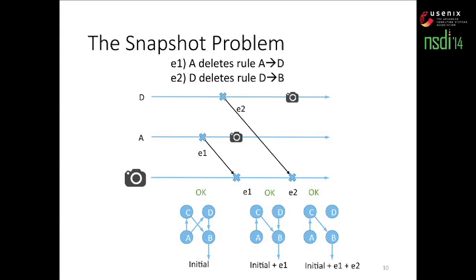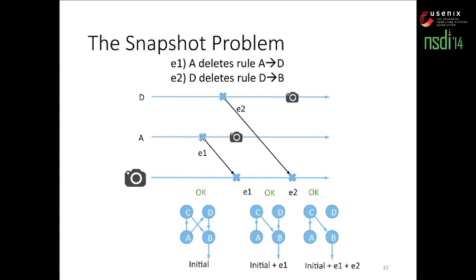Now our static checker, which is represented as this camera, wants to capture the state of the forwarding plane. It does that by downloading the forwarding tables from the switches themselves. Let's assume that this checker downloads the table from A first, hence it learns the event E1.